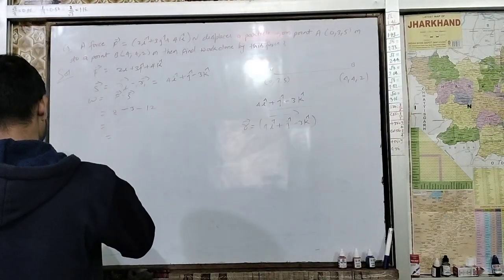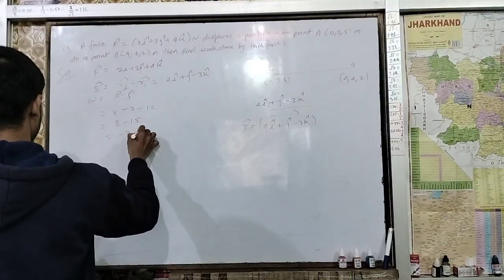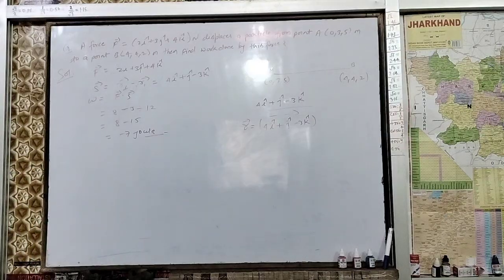So the answer is 8 plus 3 minus 12, which is minus 1. This is our answer.